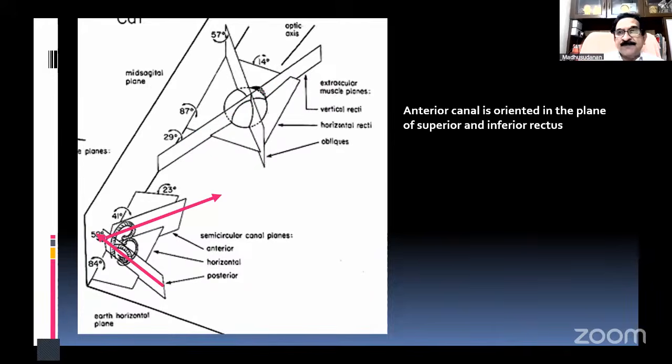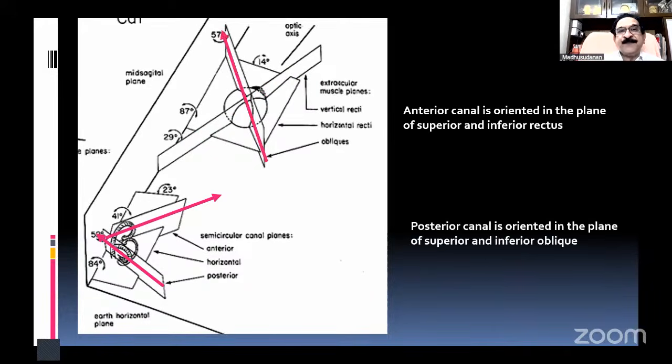That is the direction of the posterior canal, and it is oriented in the plane of the oblique muscles. The oblique runs from anterior to posterior, from medial to lateral, like this. So that is the same plane. When one posterior canal is stimulated, the movement is in terms of an oblique muscle contraction. When the anterior canal is stimulated, that movement is in the direction of superior and inferior rectus contraction.